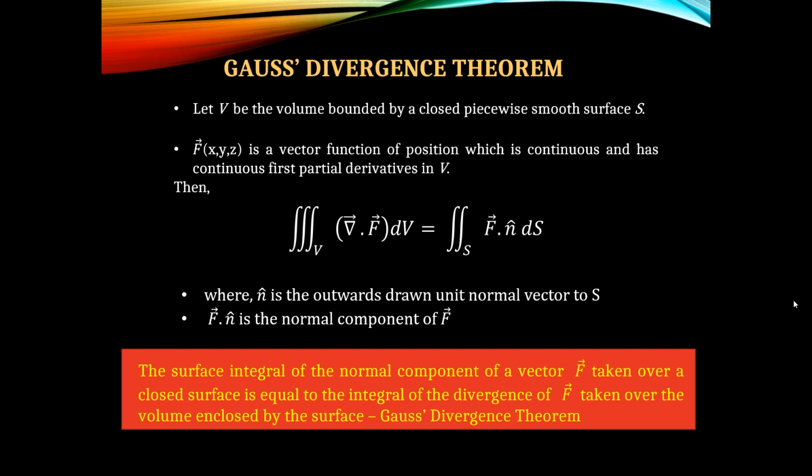So we can define the Gauss divergence theorem as the surface integral of the normal component of a vector f taken over a closed surface is equal to the volume integral of the divergence of f taken over the volume enclosed by the surface. So very important theorem which we will be making use of.